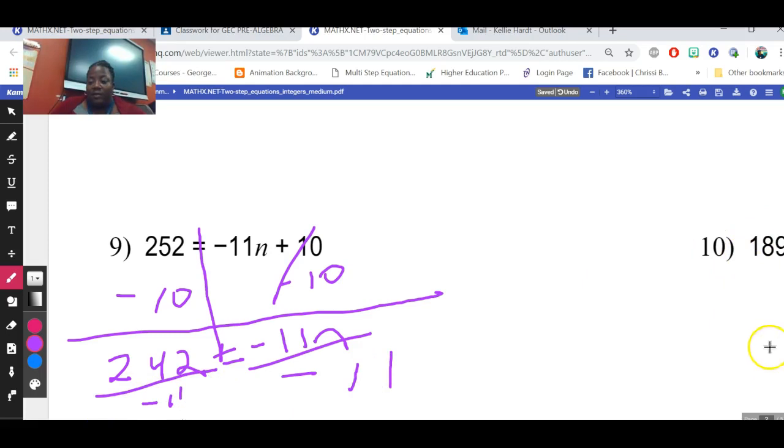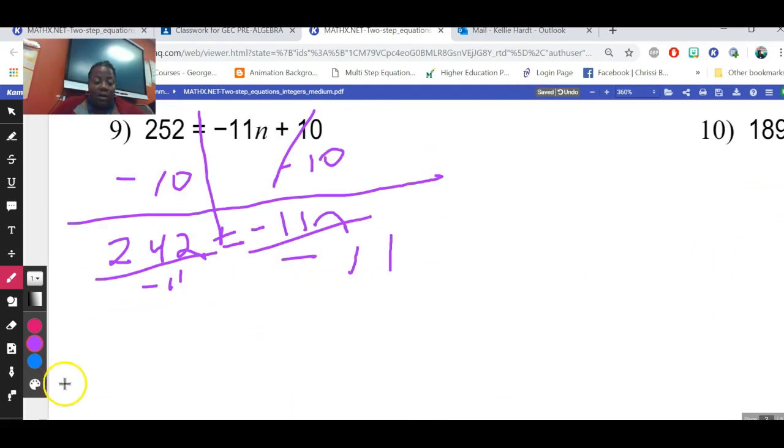Divide by negative 11. So negative 22 equals n for that one.